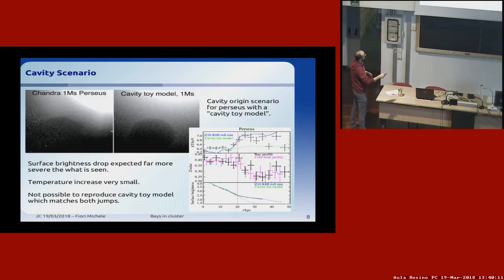Also, the temperature increase, the green line, is much lower than what we are seeing. Also, it's not possible to reproduce a cavity toy model that matches both the jumps in temperature and surface brightness.